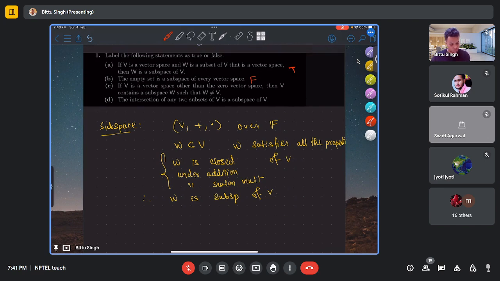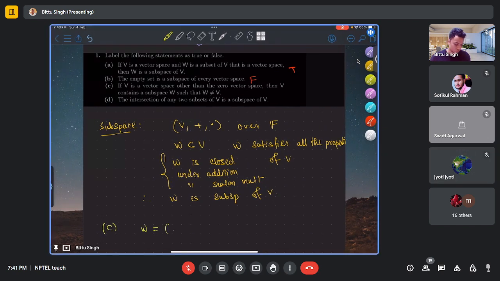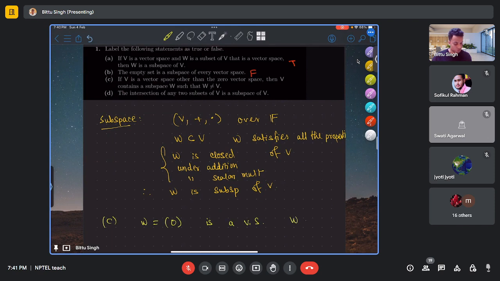Take only 0. Then we can take W equal to 0. This is a vector space, and you see that W is strictly smaller than V. So it is true.